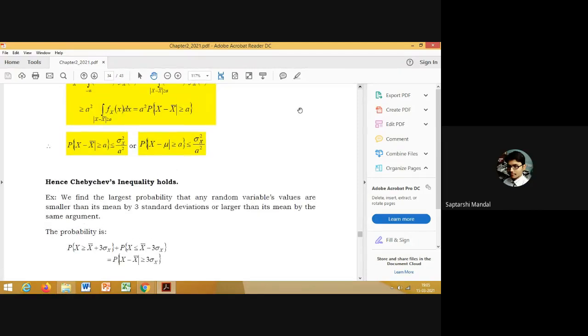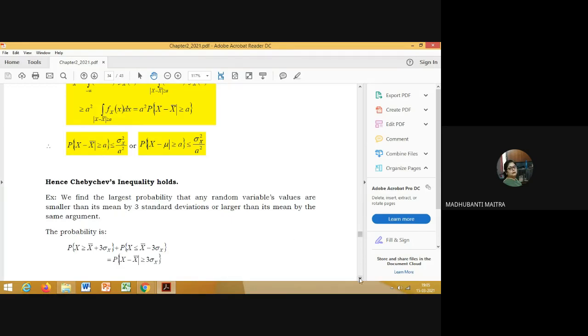Yes, ma'am. So here we have used a sign that is greater than or equal to a. Now the other event, that is the mutually exclusive event, could be the probability that mod x minus x bar is less than a. We are trying to find that particular probability, right?